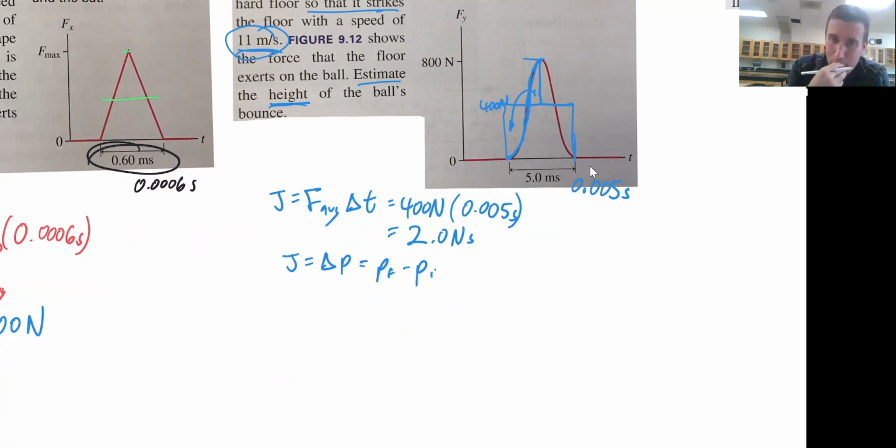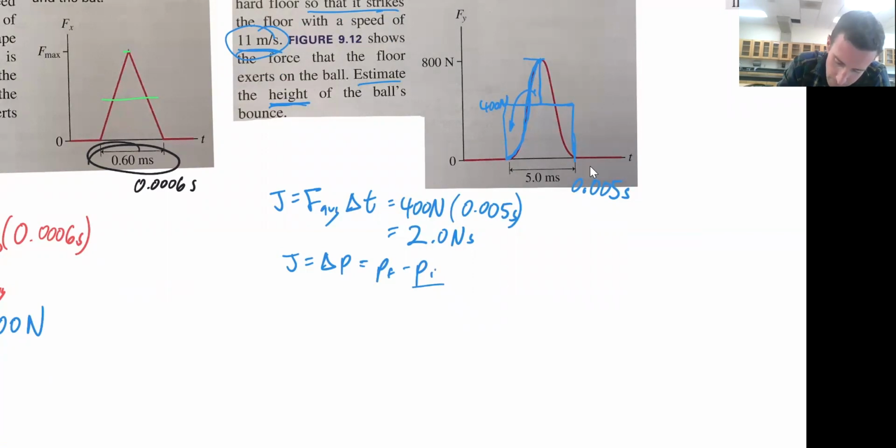Now, I know about the initial momentum, that one. And I know that it's going straight down at an initial momentum of mv, so p_i. Oh, okay, good. I have a mass and I have a velocity. All right, this is working. Okay, I think I'm getting somewhere.